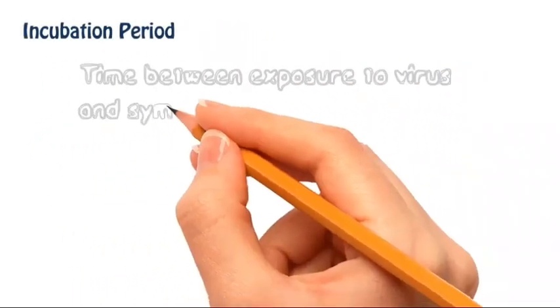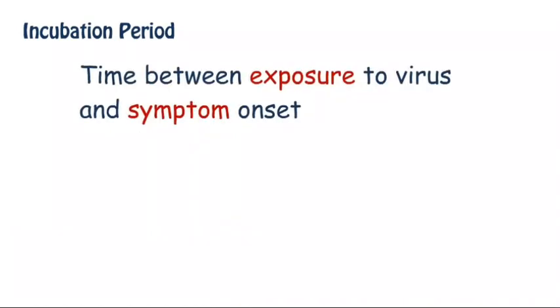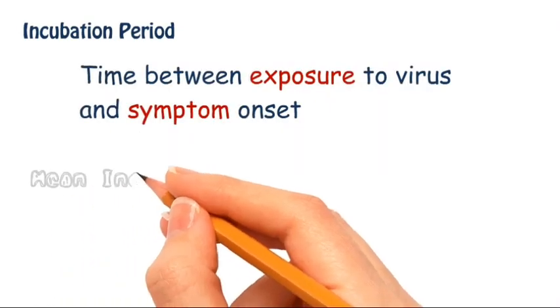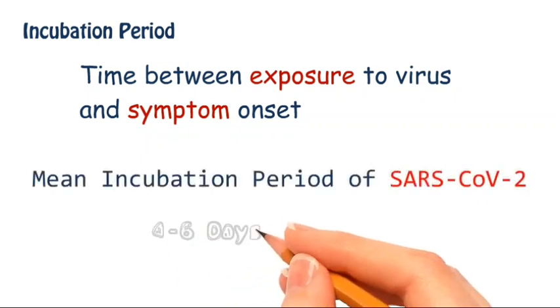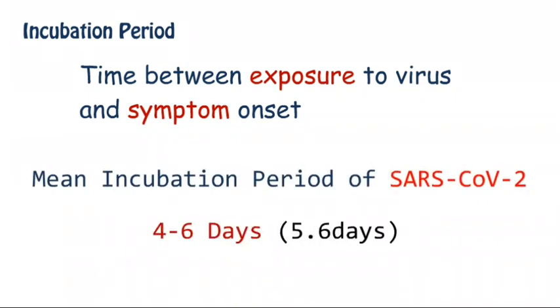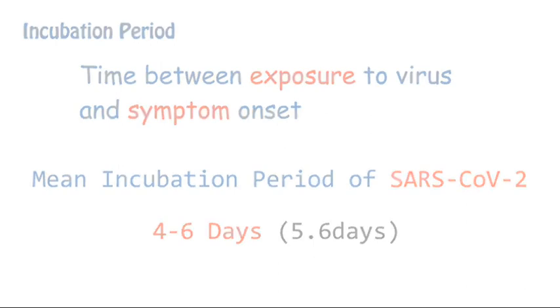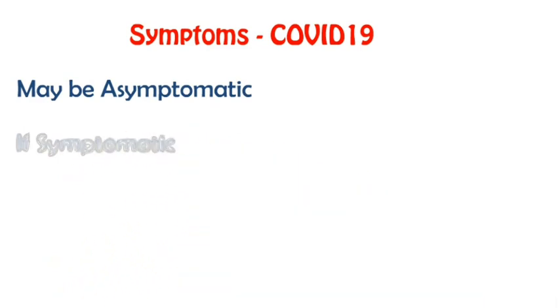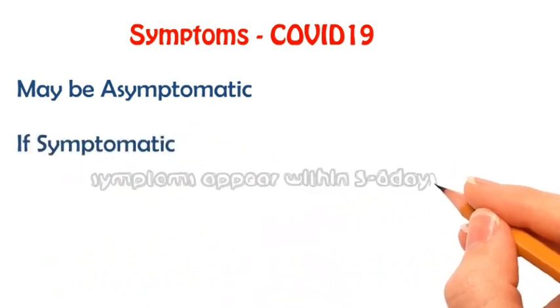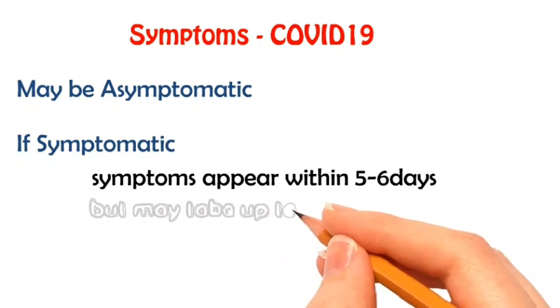The time period between the exposure to the virus and appearance of symptom onset is called incubation period. The mean incubation period of SARS-CoV-2 is about 4 to 6 days. The disease can occur completely asymptomatic. If symptomatic, the symptoms usually appear within 5 to 6 days and may take up to 14 days.